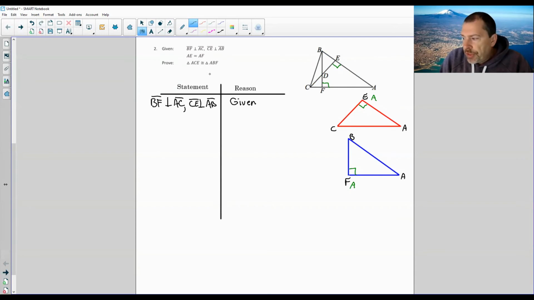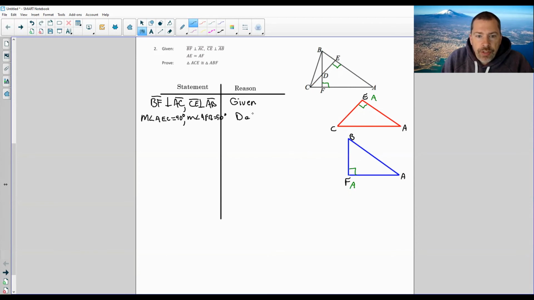And then what we're going to do is state that these angles are 90 degrees. So we now say the measure of angle AEC equals 90 degrees, and the measure of angle AFB equals 90 degrees.